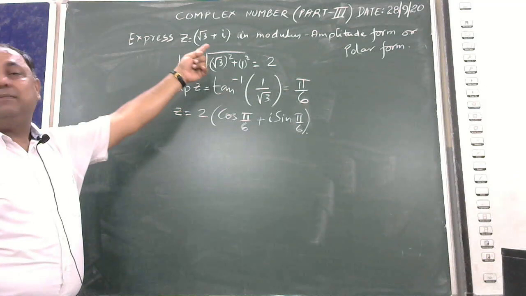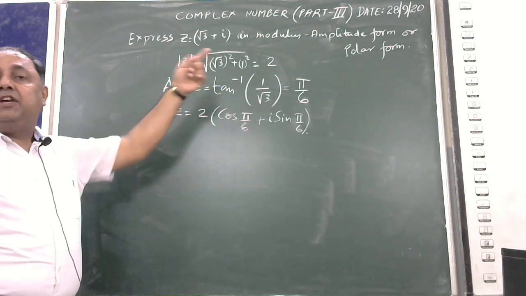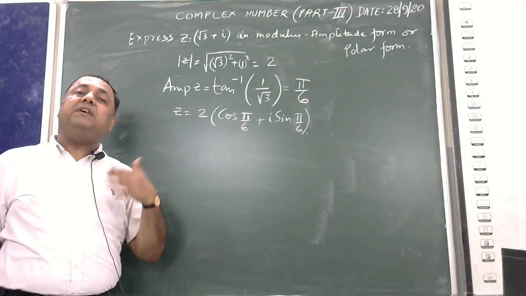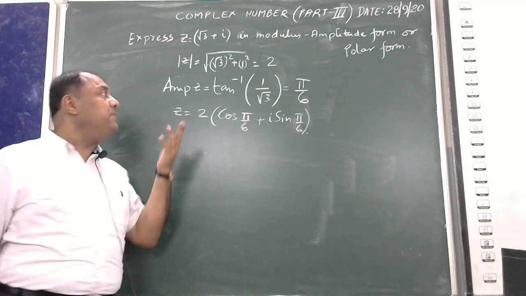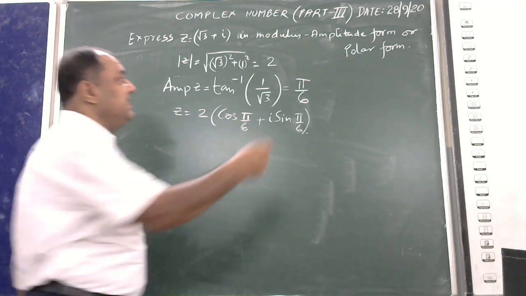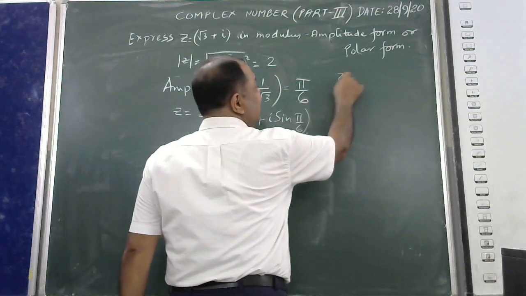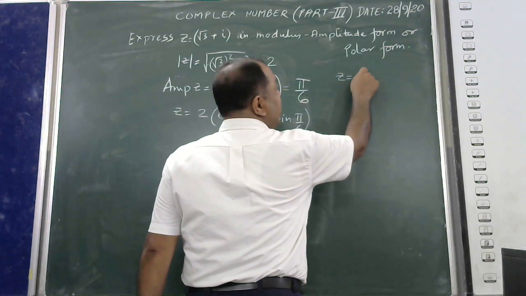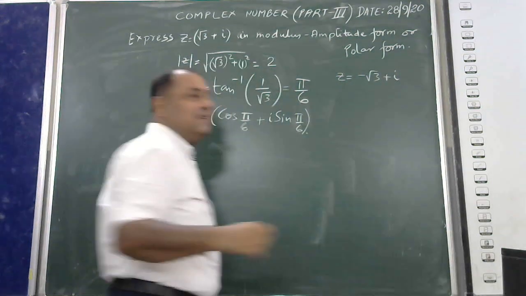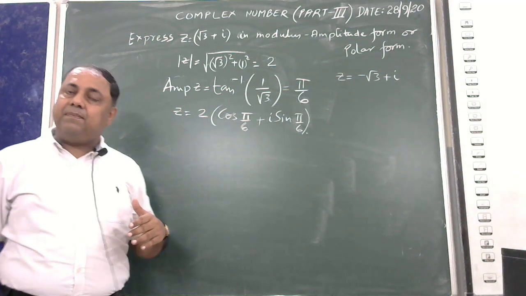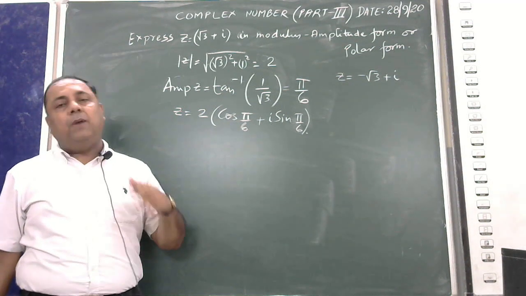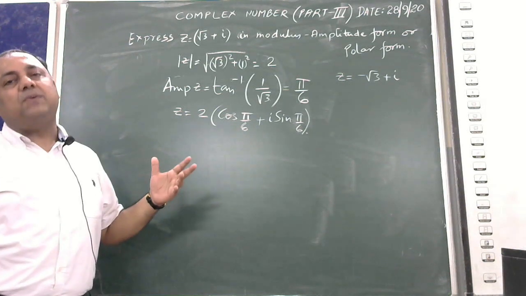If your complex number is given to be in the second quadrant, suppose I consider this example, changed a bit for your practice. Suppose z is equal to minus root 3 plus i. X is negative, Y is positive. Therefore, the complex number is in the second quadrant.